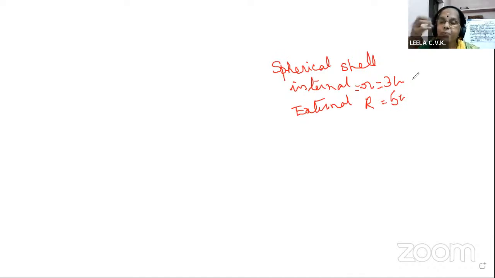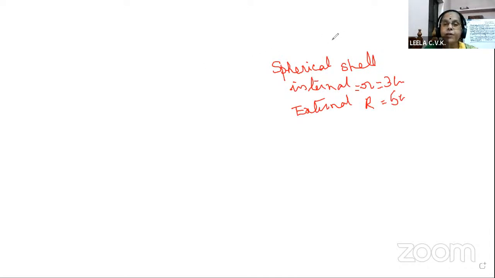Melted means, like ice melted, something like that. It is reshaped into a solid cylinder.